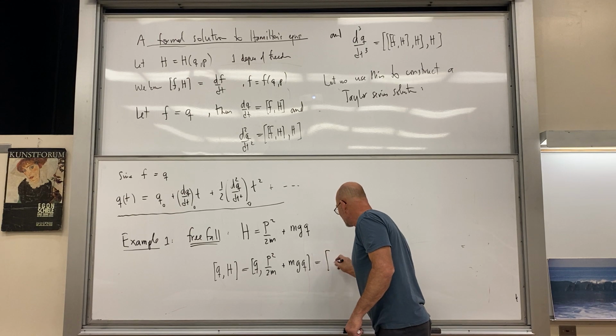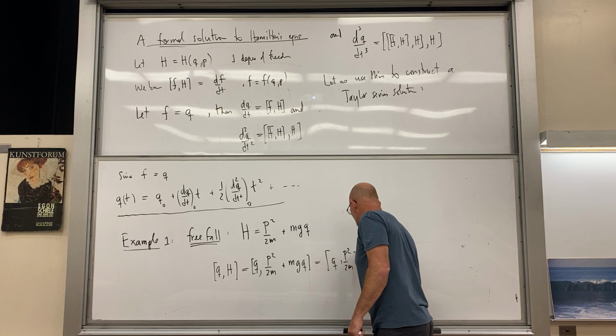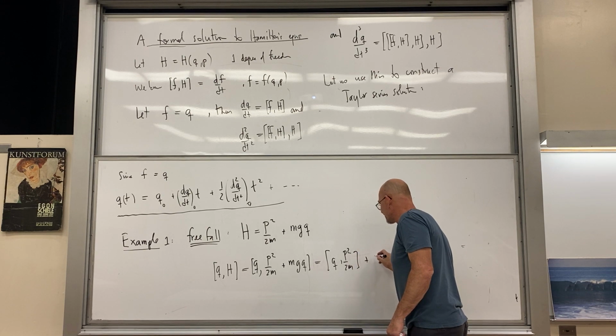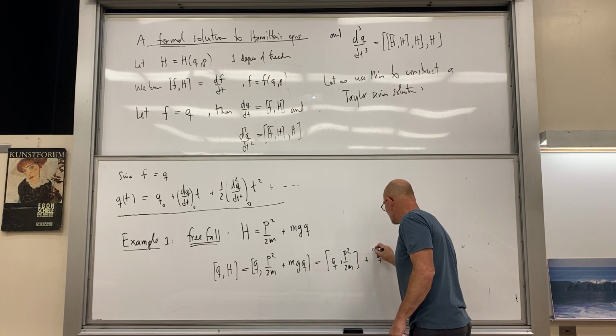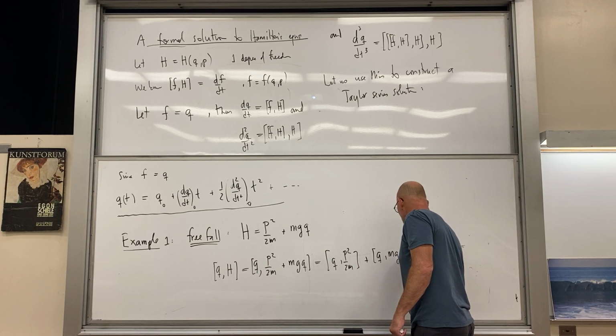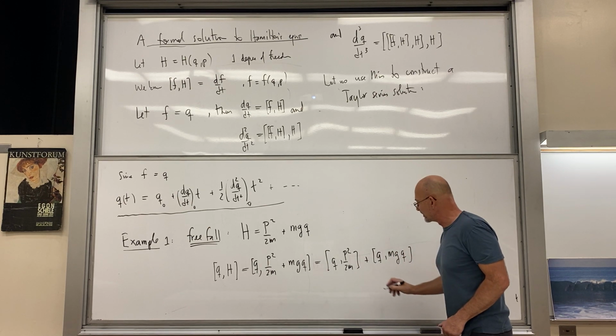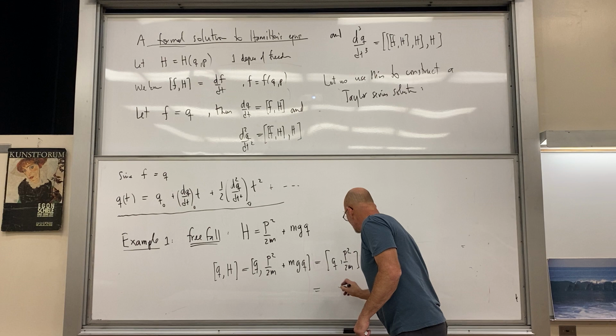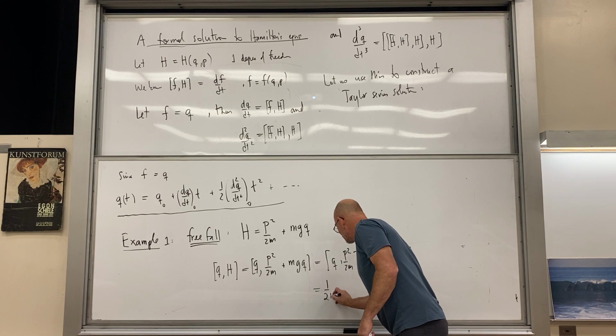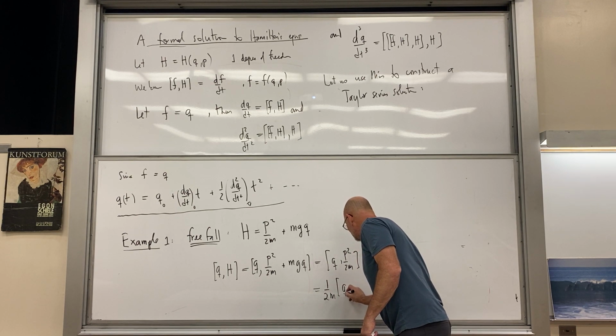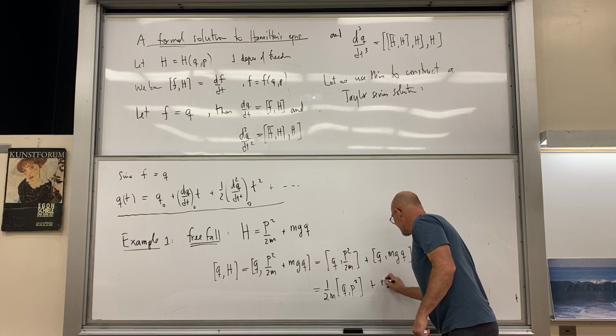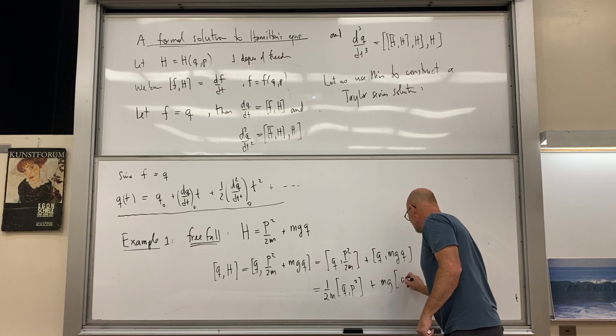We have Q with P squared over 2M, plus Q with MGQ. If we want to, we can write 1 over 2M, so we need Q with P squared, plus mg, I'm pulling out the constants, Q with Q.